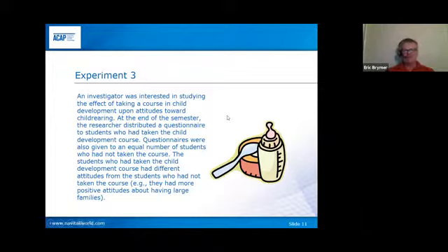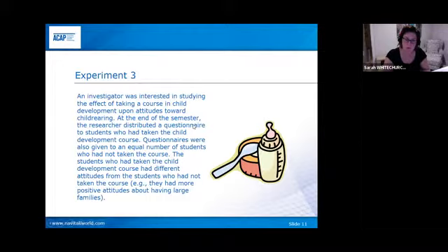So what was your notion of independent, dependent, confounding, etc.? Our independent variable was the attitudes of people towards child rearing. The dependent variable was whether or not people took the course, some did, some didn't.